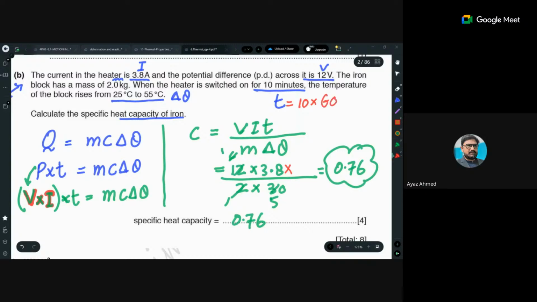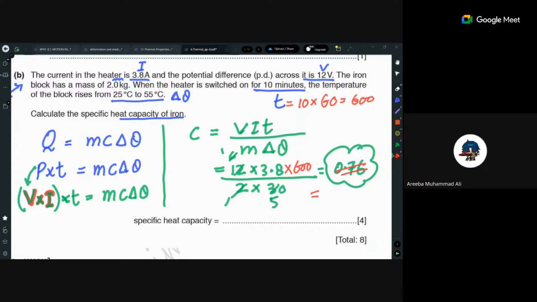It would be multiplied by 60, so 600. So this should come to almost 423. So your answer will be 0.76 into this. This is 456.